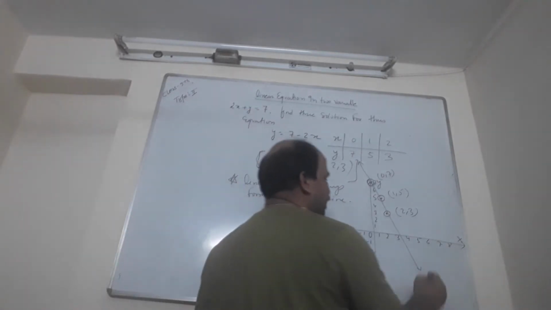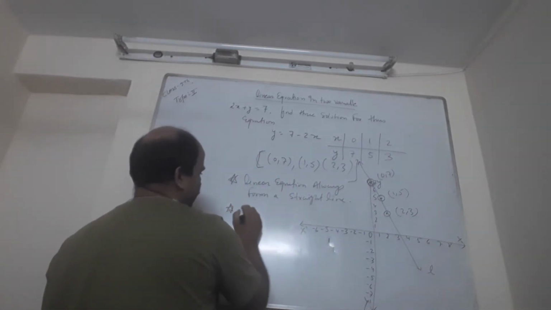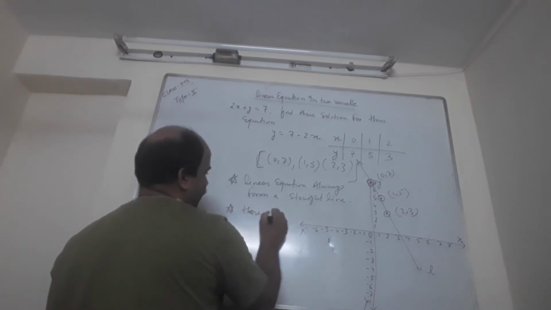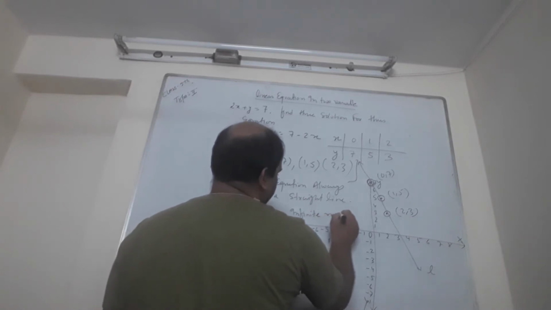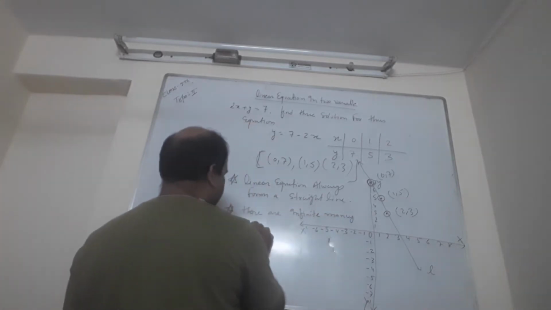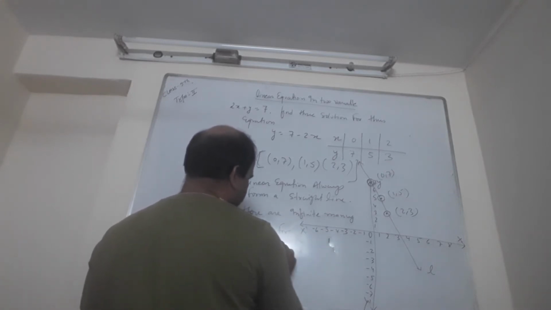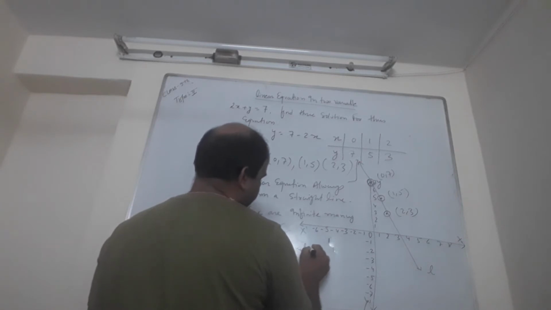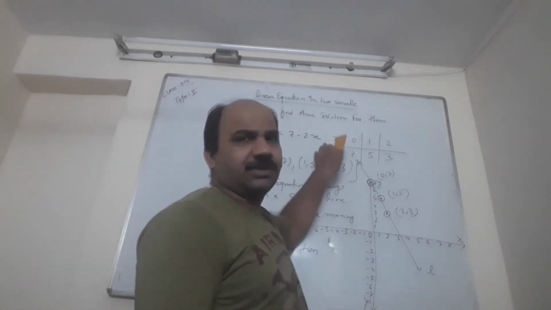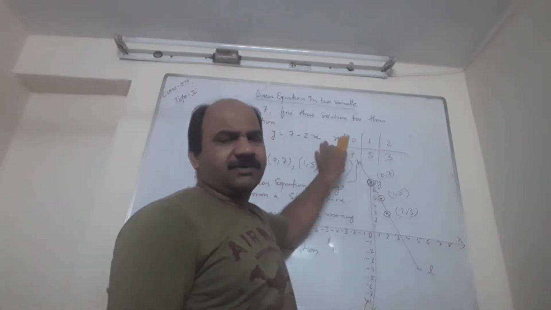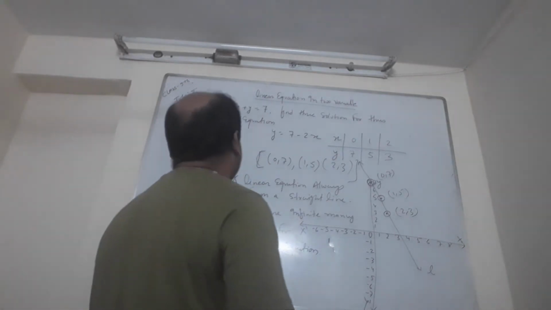One more thing, there are infinitely many solutions for a linear equation. It means we get a lot of answers by substituting any value in the given equation. So this is the type 2 question, you can say.